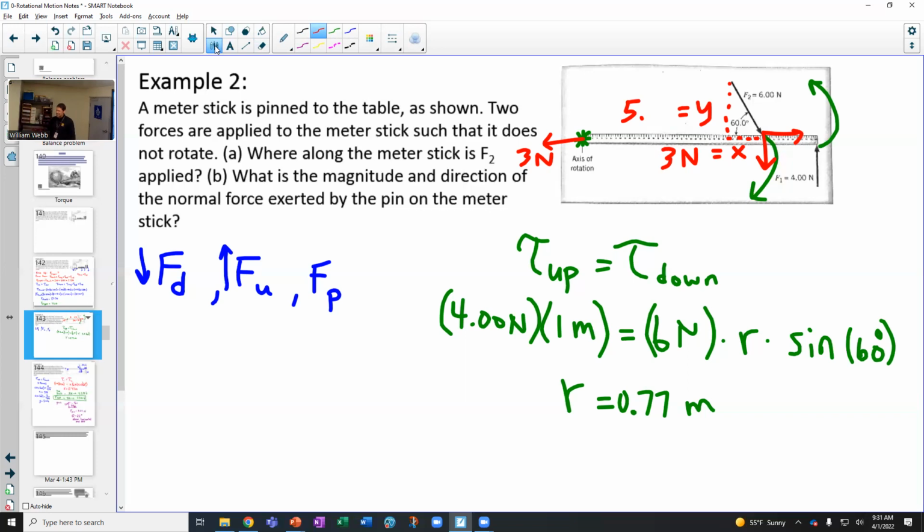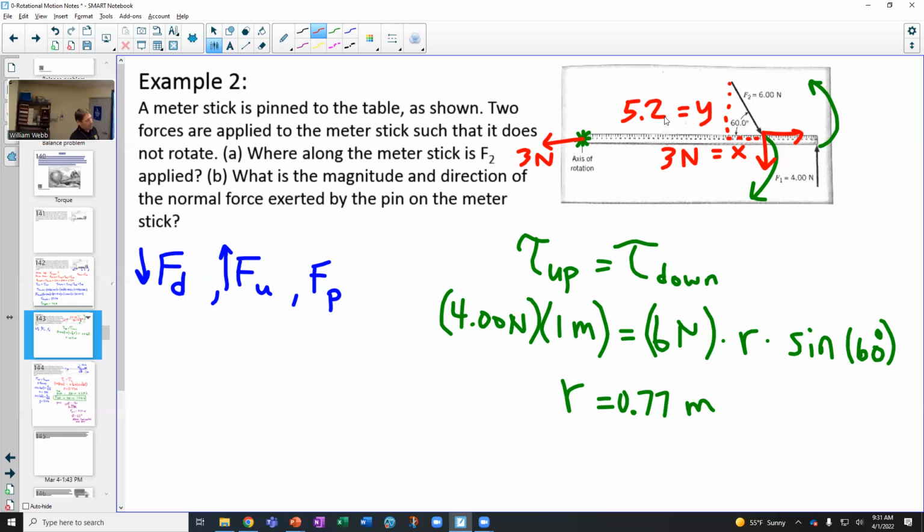It's 5.12. 5.12? Okay, so let's say 5.2. Can we settle on 5.2? Yeah. All right, now, that is the 5.2 and it's up or down?